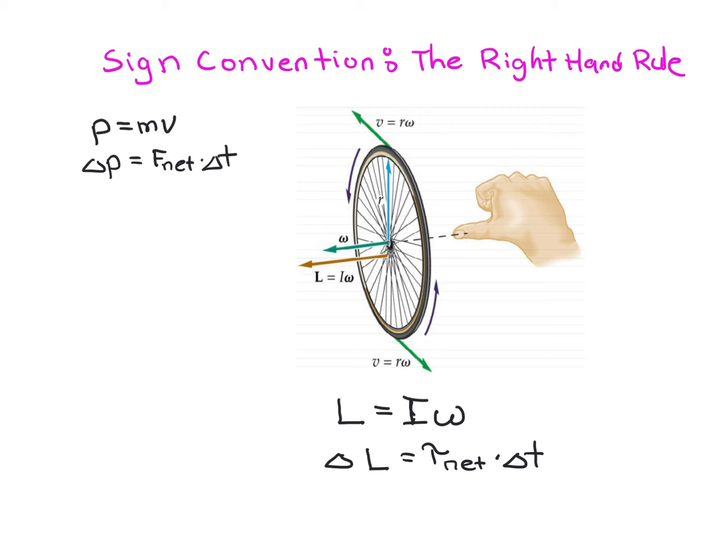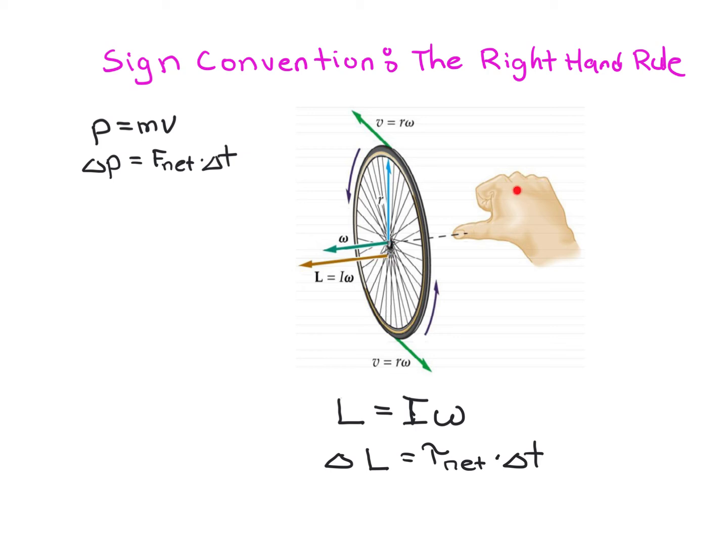If you want to know the direction of the angular velocity and the angular momentum associated with a rotating bike wheel, again, the axis of rotation is fixed. So really the only choices are, does it point this way or does it point that way? Well, the rule is you take your right hand. That's the most important thing, make sure you use the right hand for doing this. Otherwise, you'll get it exactly wrong.